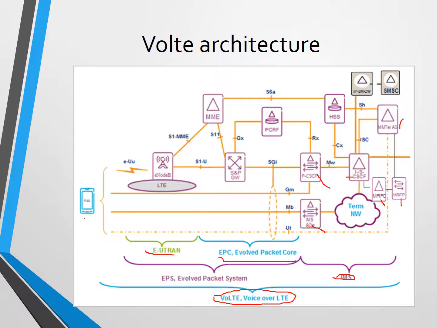And these nodes are basically taken from the evolved packet core. Also PCRF and HSS are taken from the evolved packet core, but have been introduced in IMS as well. And these are different terminating networks, which can be either VoLTE itself, or PSTN, or another network as well.